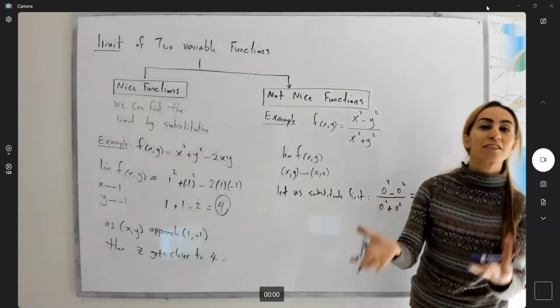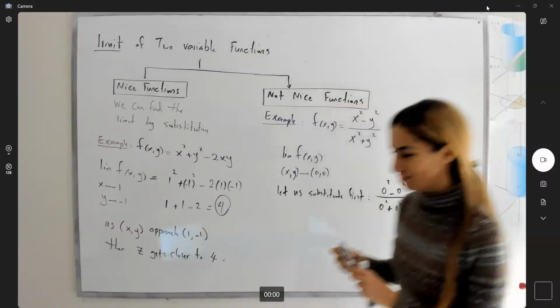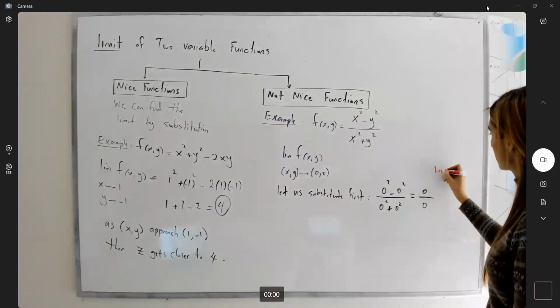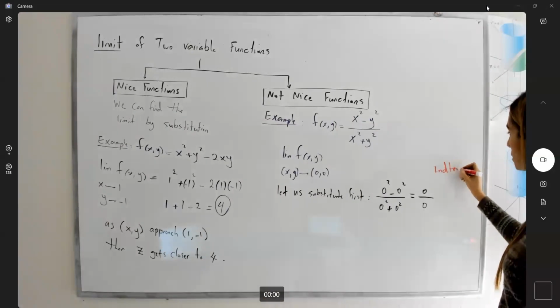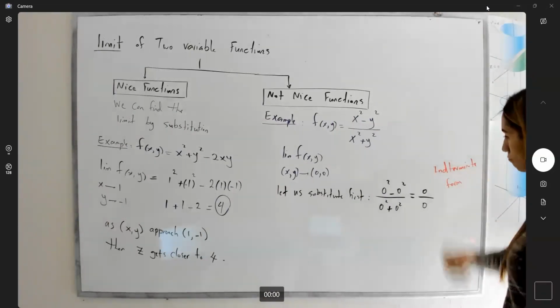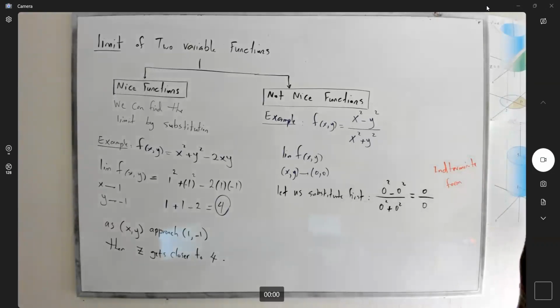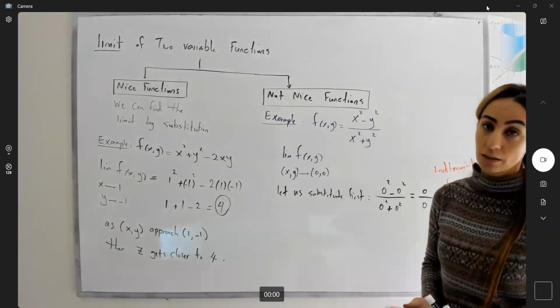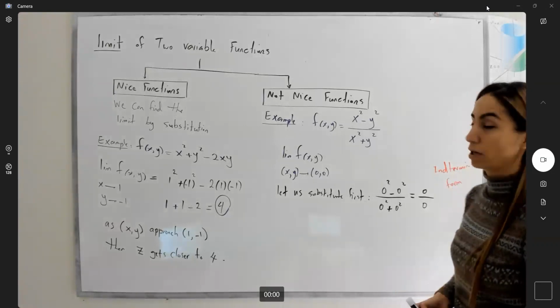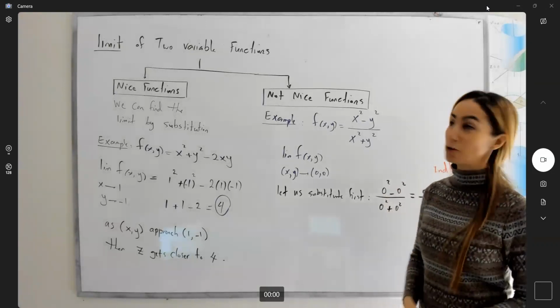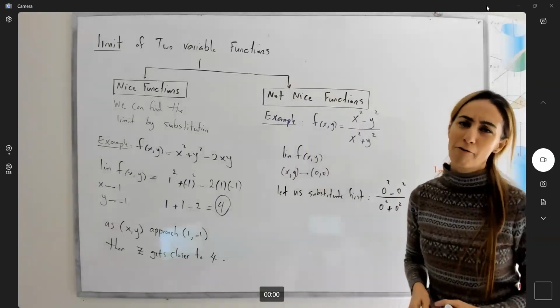This is indeterminate form. So what's the meaning of that? It means that the limit is indeterminate form? Of course not. Now you have to apply some new techniques that are developed for multivariable functions.